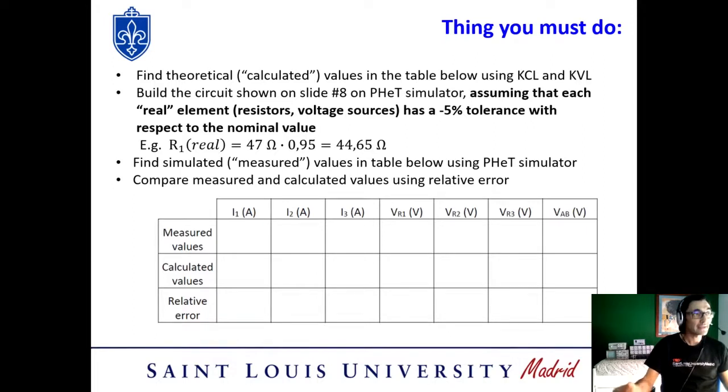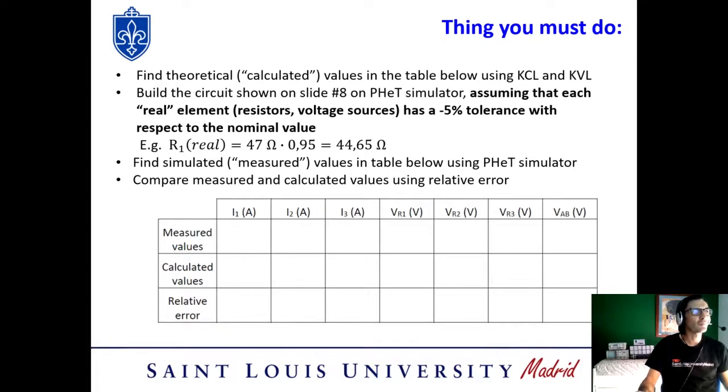You want to find, using these instruments, the voltmeter and the ammeter, placing them accordingly in the regions of the circuit where you want to measure current or voltage, and then you will get these numerical values on the simulator and place them within the table in the measured value, first row.